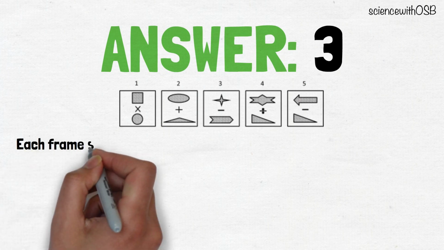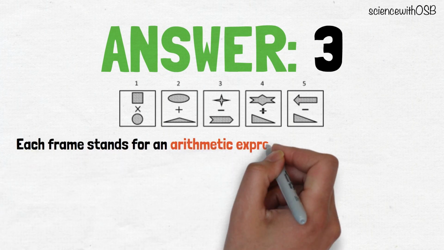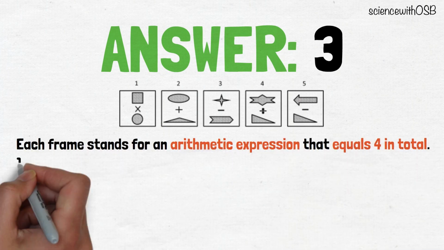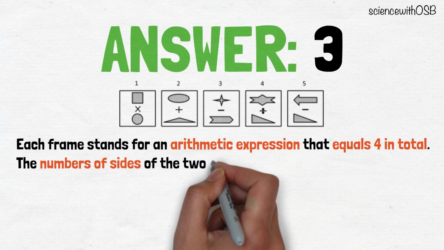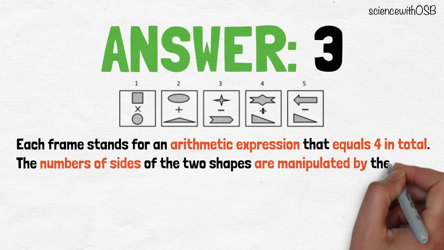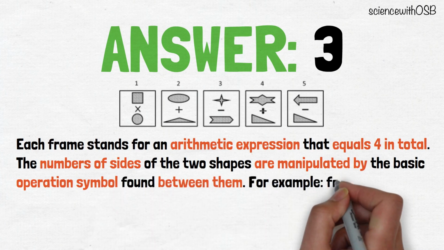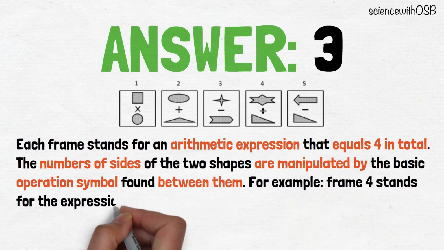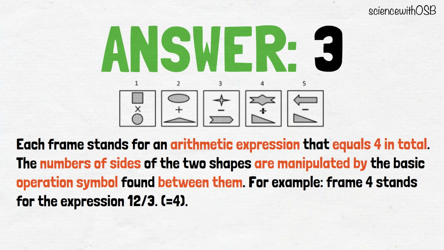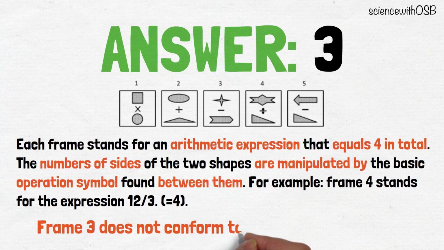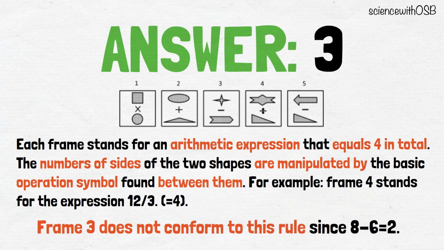Each frame stands for an arithmetic expression that equals 4 in total. The numbers of sides of the two shapes are manipulated by the basic operation symbol found between them. For example, frame 4 stands for the expression 12 divided by 3, which is equal to 4. Frame 3 does not conform to this rule since 8 minus 6 is 2. The correct answer is 3.